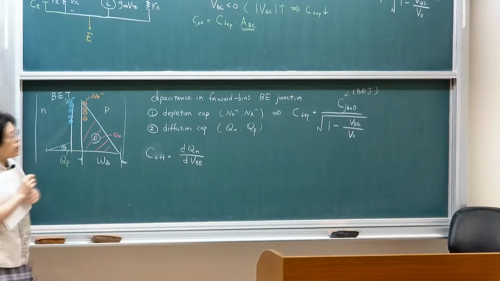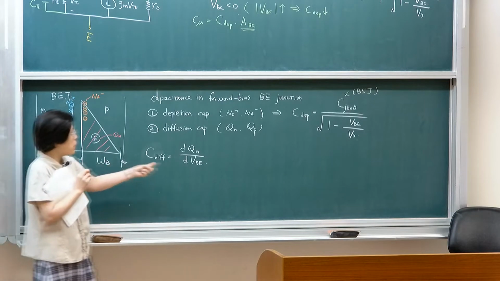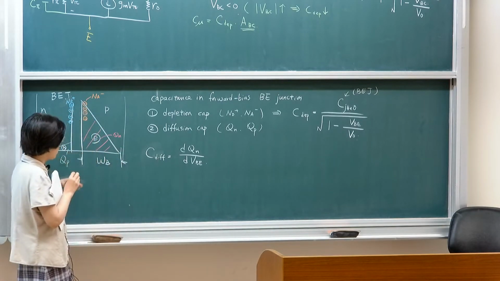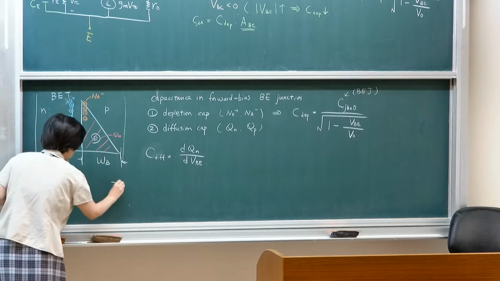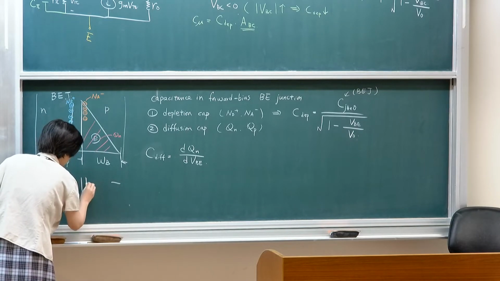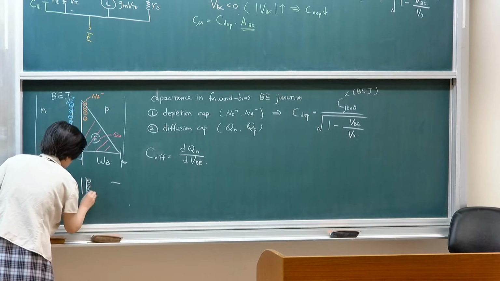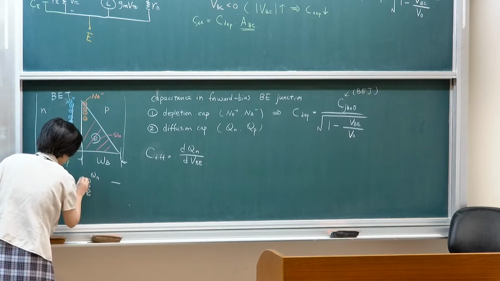So we want to find out what Qn is as VBE changes. Once I change this voltage across, you look at the amount of charge as the Qn.